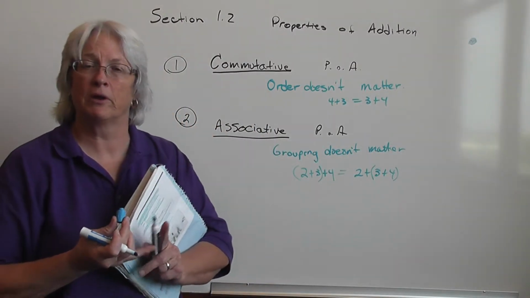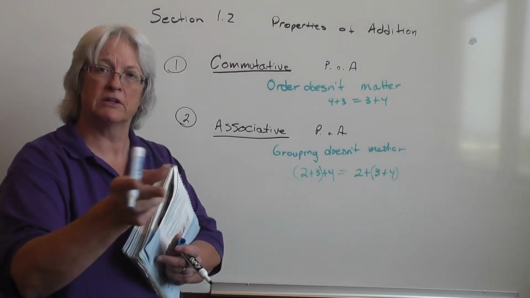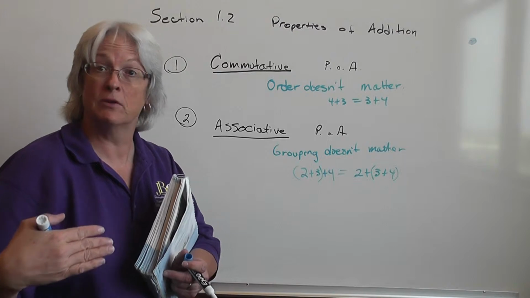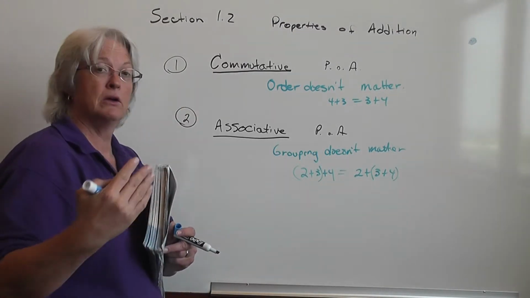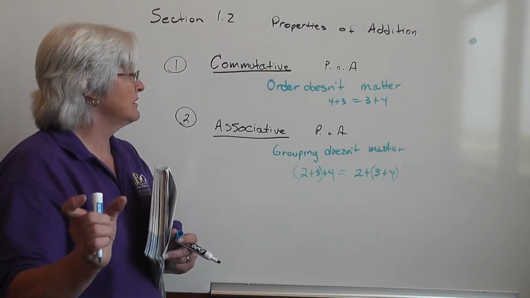The commutative property says order doesn't matter. 2 plus 3, reverse it, 3 plus 2, they're the same thing. Associative property, grouping, which pairs of numbers you group together first, that doesn't matter.